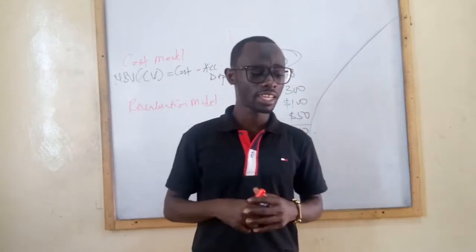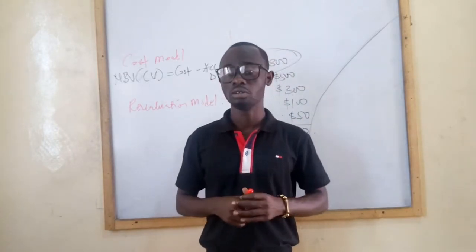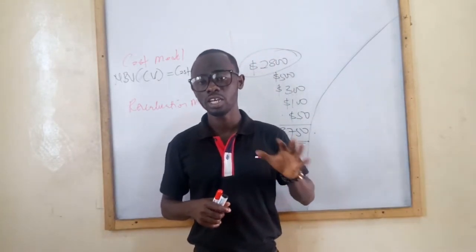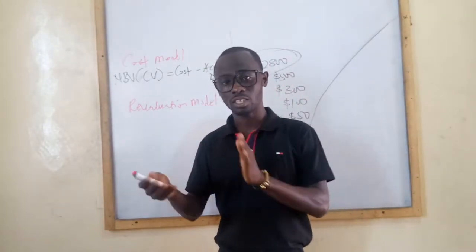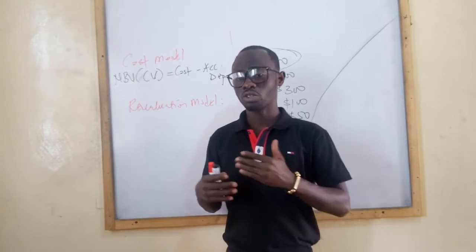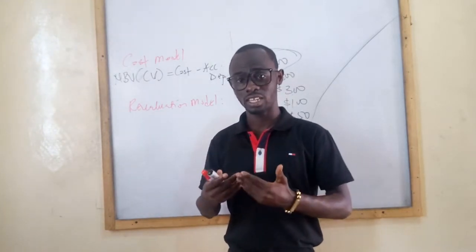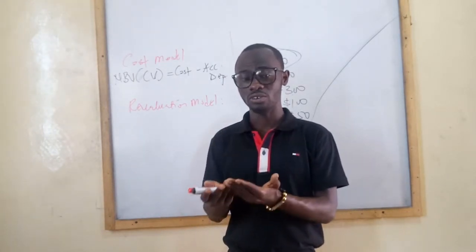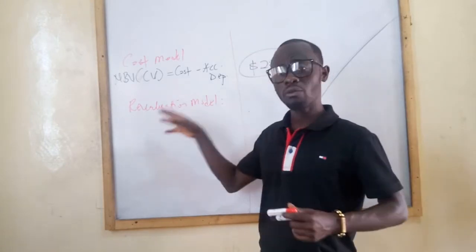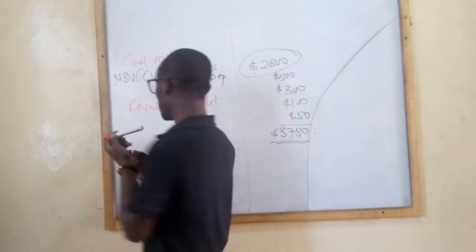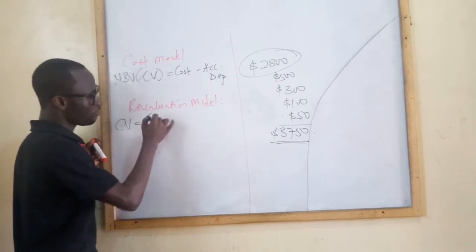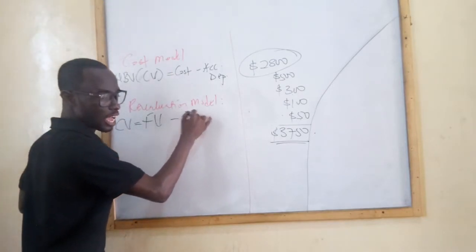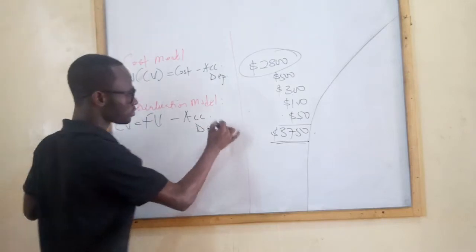Then the second thing is the revaluation model. The revaluation model is where the company revalues the assets at least once every year so that the asset will be able to reflect its fair value in the financial statement. So when we are using the revaluation model, the carrying value of the asset is going to be the fair value of the asset minus the accumulated depreciation.